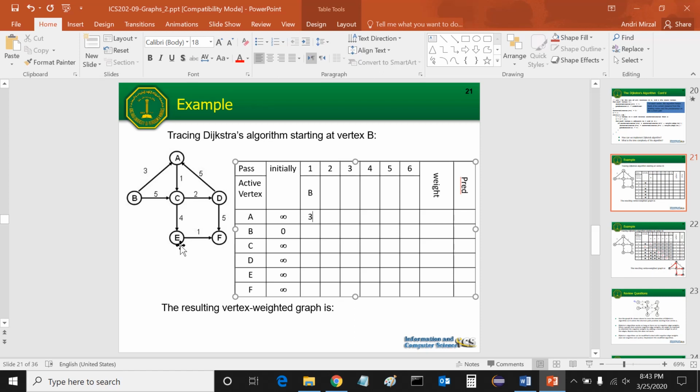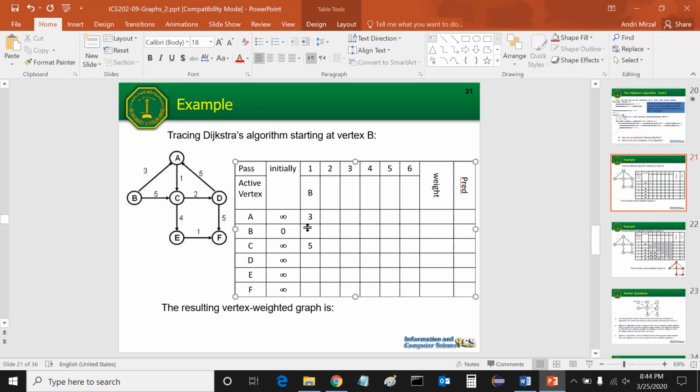Okay, then after that, we can see that there is another path from B that goes to C. That's why B to C can be filled in also with the number 5 because the weight is 5. Okay. From B, we can only go to A and C. We cannot go to D, E, and F yet.